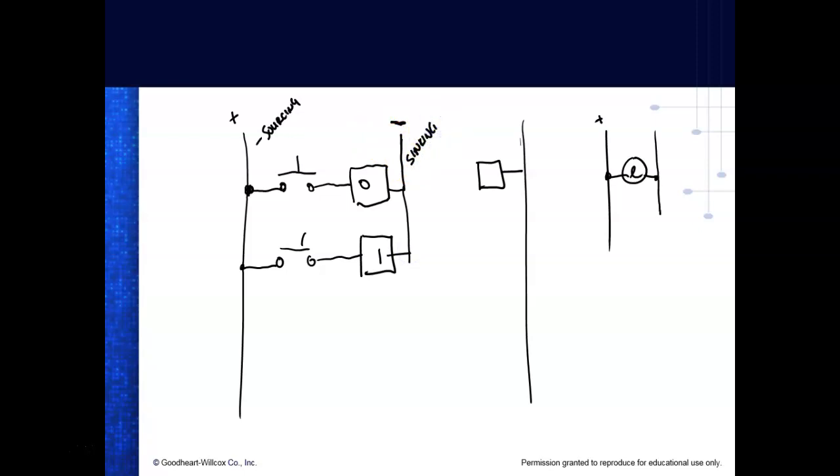This only applies to DC. So if this common over here is minus, and common is just where things connect to, all your push buttons are going to connect to a common. Is it minus or is it plus? It could be either one. Minus common: syncing.